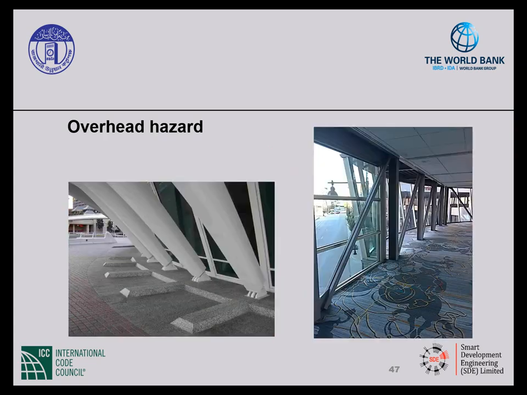Here are two more examples of an overhead hazard that's created by building construction. On the left, you have buttresses that project away from the building over the path, and the way that they have protected this is with a curb below each one of the buttresses. On the right, you'll see that there is cross bracing located between the columns.